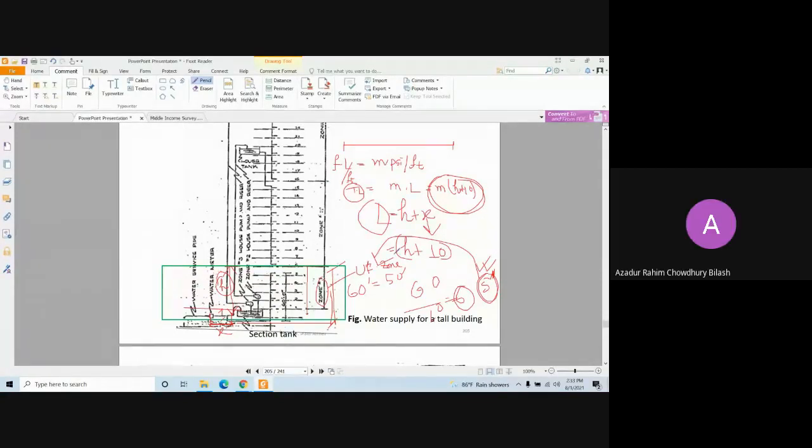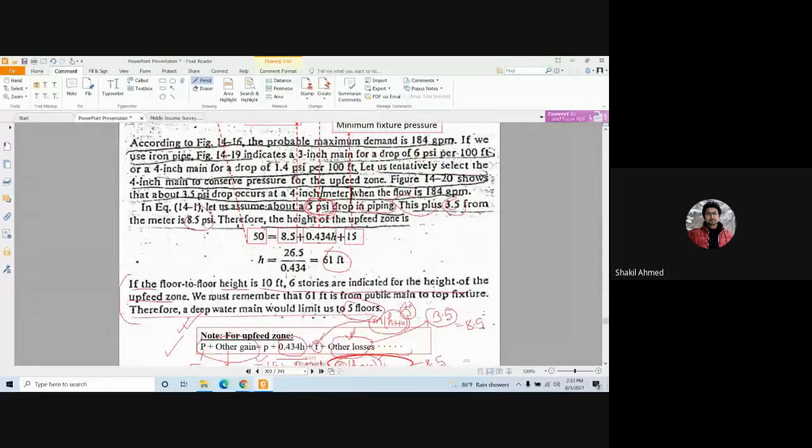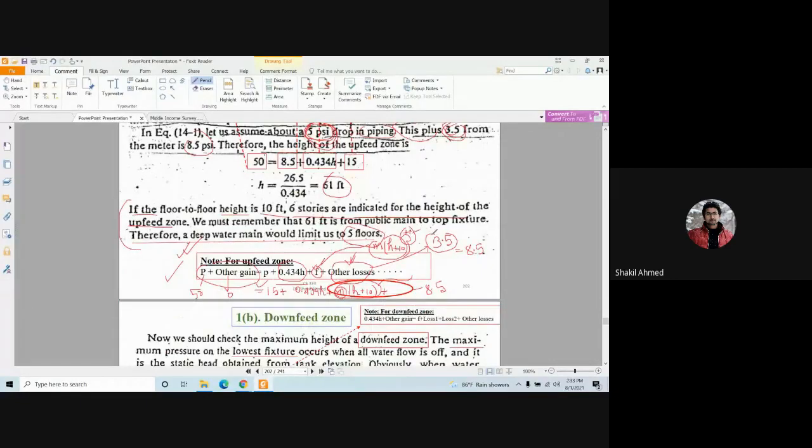Yes, sir. Now, coming back to your question. Here we have assumed the value, 5 from here, 3.5 here. Why? Because we do not know the size of the pipe. But as we move forward, we will be able to determine the size of the pipe.